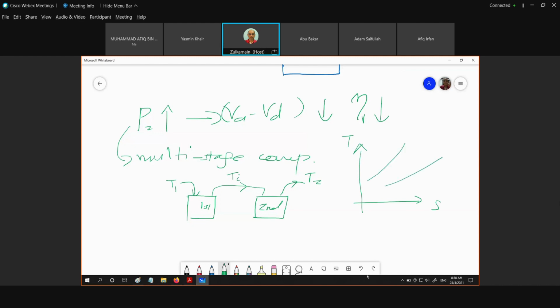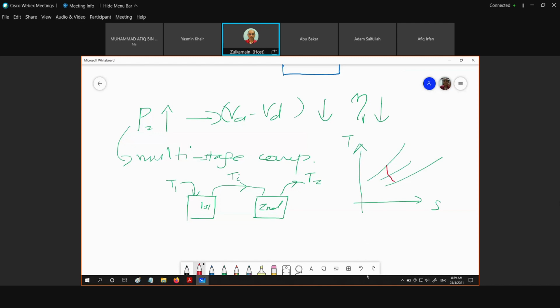Ni multi-stage, right? Kalau kita lakukan multi-stage, okay, ni yang berlaku lah multi-stage. 1, I, 2. Oh, sorry. I shouldn't sketch that type of line. Saya akan kirakan line yang polytropic.